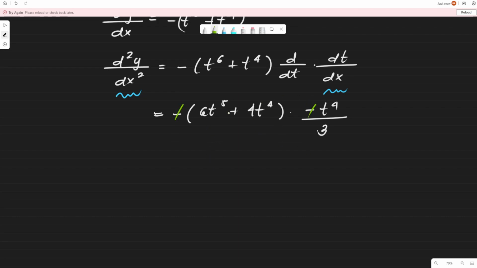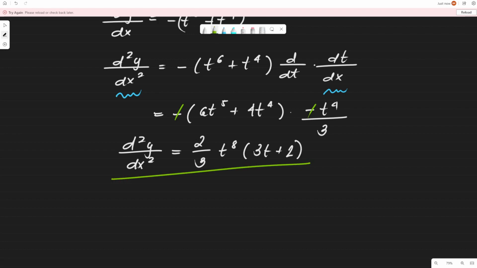We can distribute, or factor out and then multiply. So our second derivative is simply 1 over 3 times t to the 8, multiplied by 2 over 3, since 2 is common, so we can factor out 2 from 6 and 4, giving 3t plus 2. This is our second derivative.